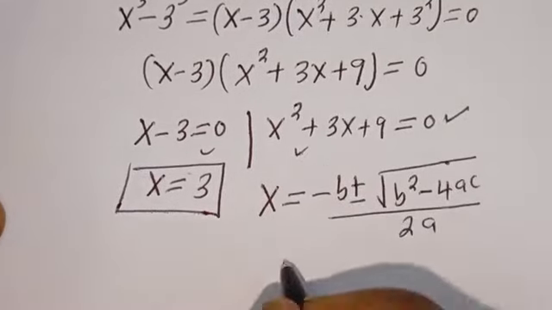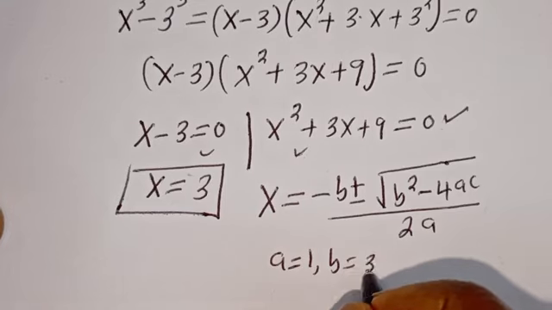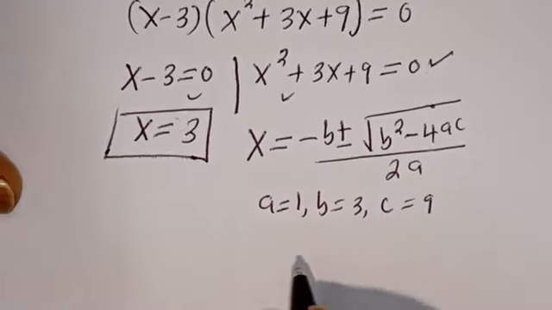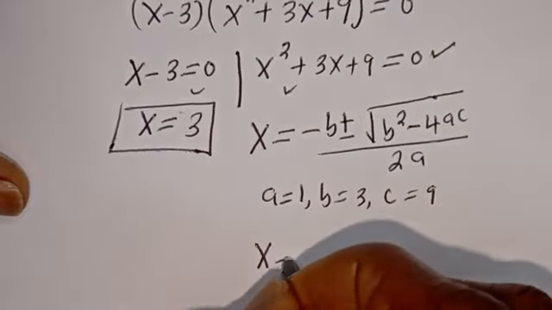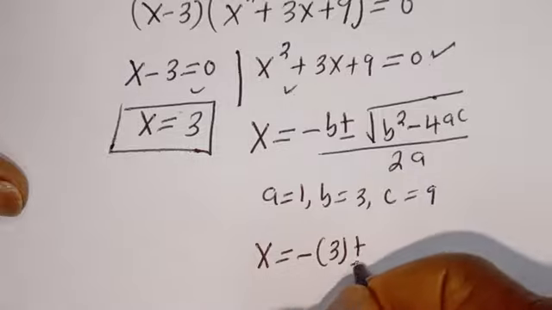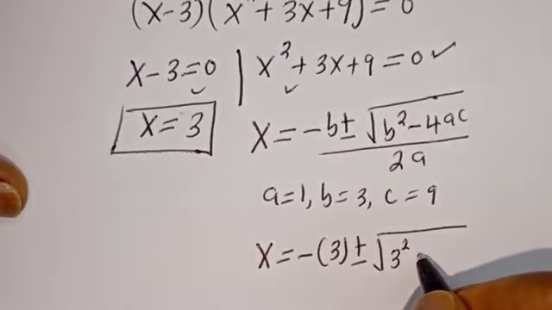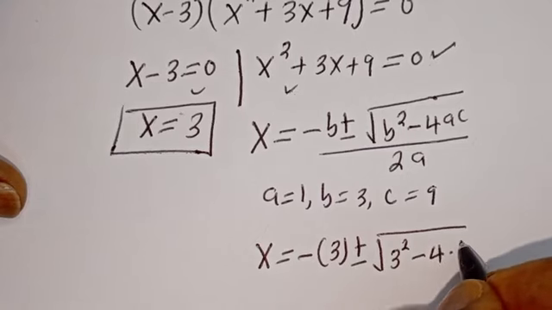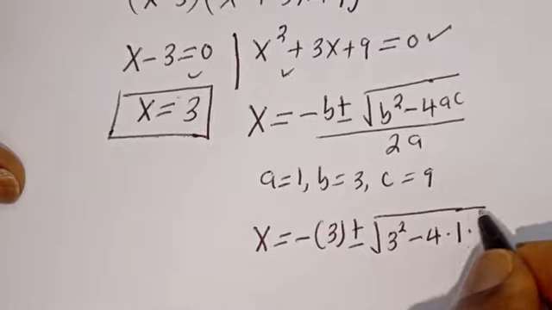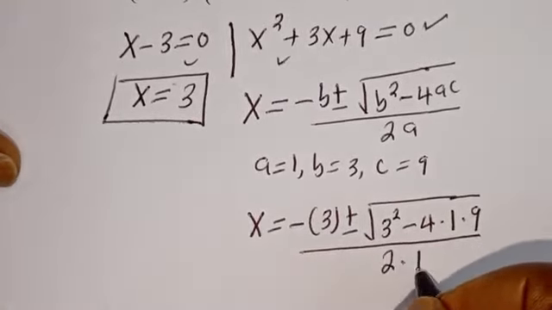And from this equation, a is equal to 1, b equal to 3, c equal to 9. Then s is equal to minus bracket 3 plus or minus square root of 3 square minus 4 multiplied by a is 1 multiplied by c is 9 divided by 2 multiplied by a is 1.